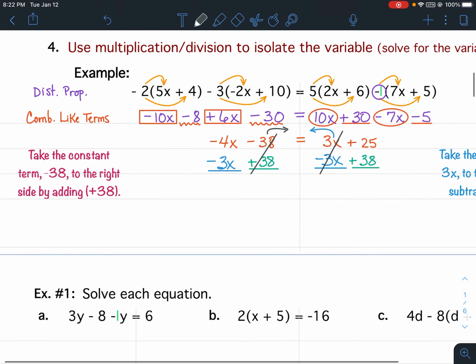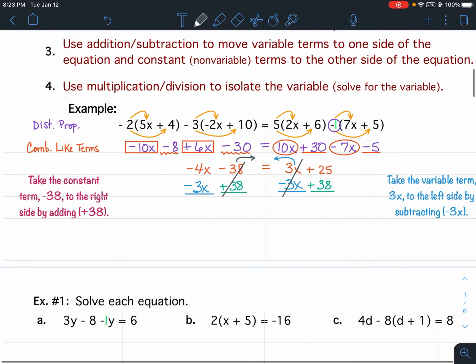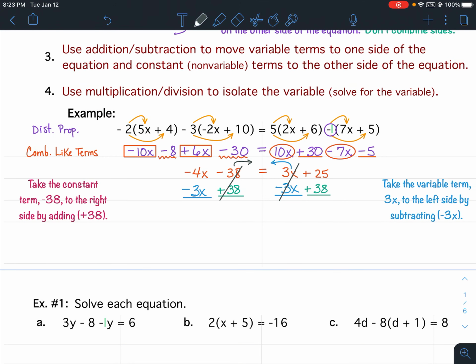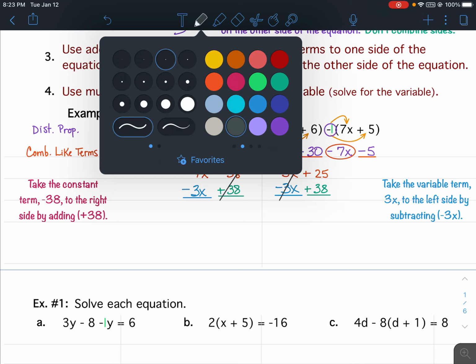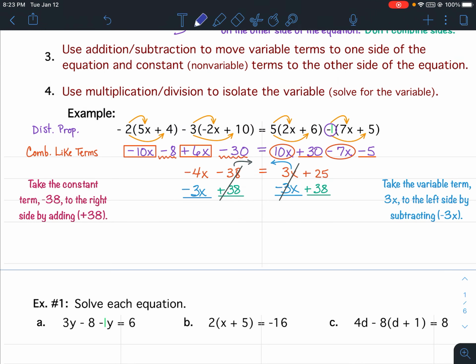Okay, so that was the start to step 3. Now I actually have to simplify it. So negative 4x minus 3x is negative 7x. I combine those to get the negative 7x there. And then 25 plus 38 is 63. I combine these to get the 63. And that was step 3.